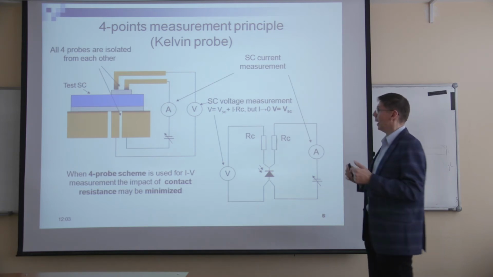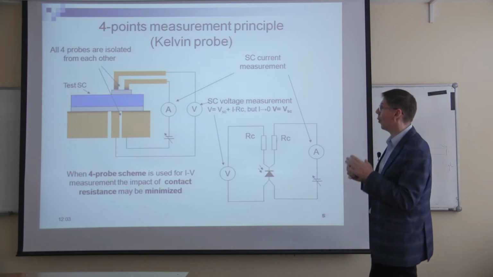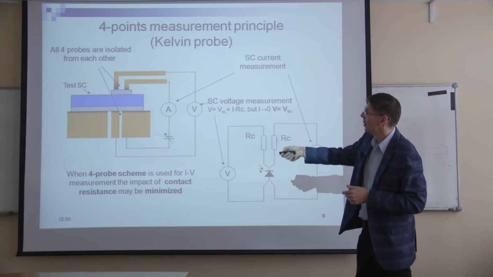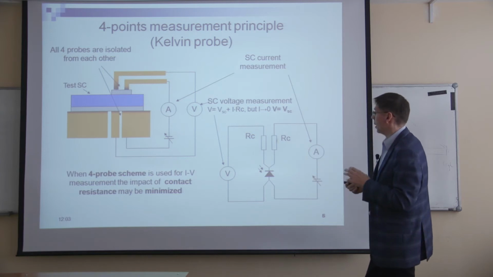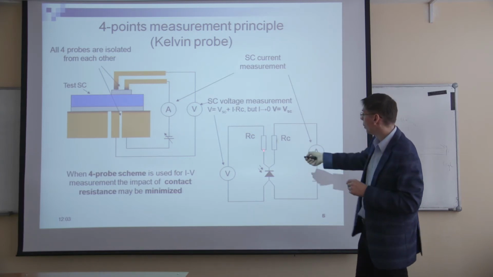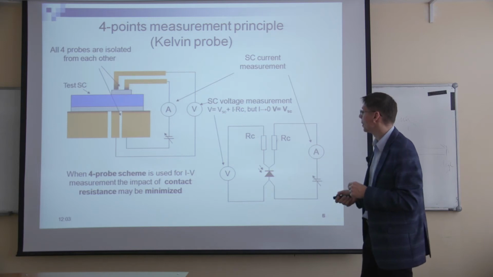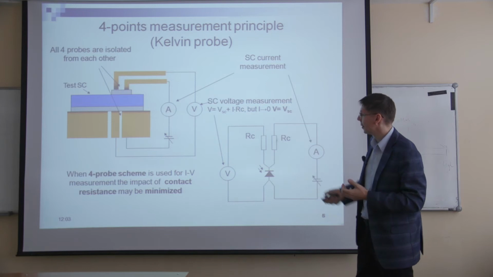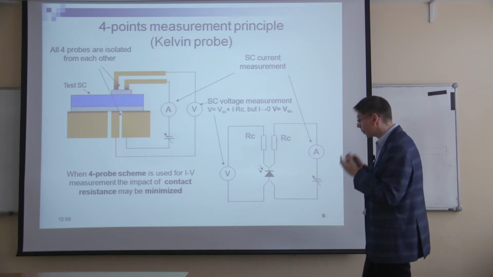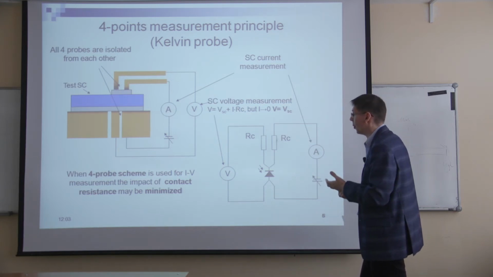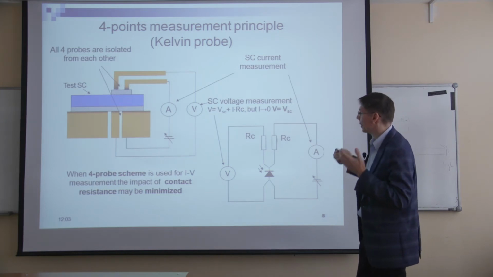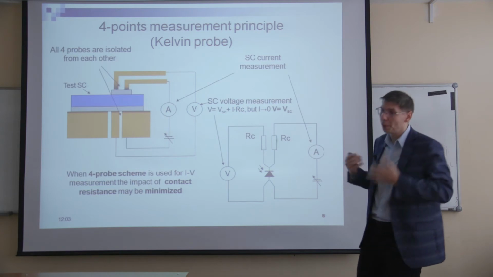And concerning the voltage, you have a separate circuit. In this case, even if you have some contact resistance, the internal resistance of the voltage meter, so your voltmeter, should be quite large.